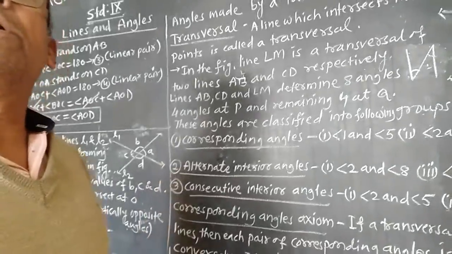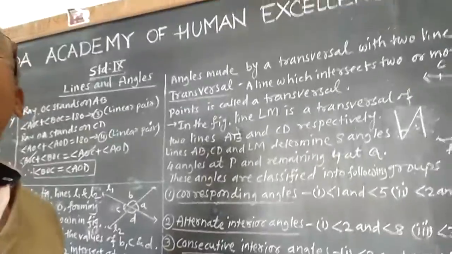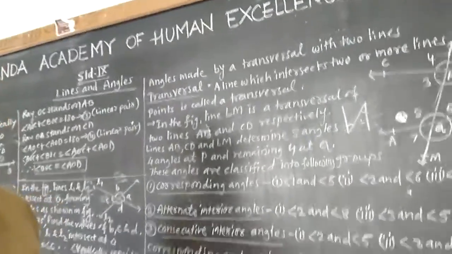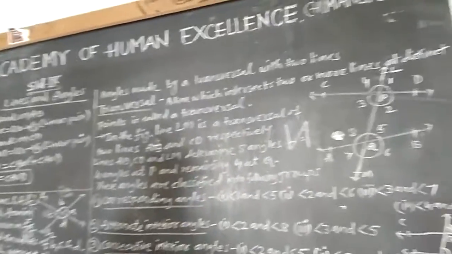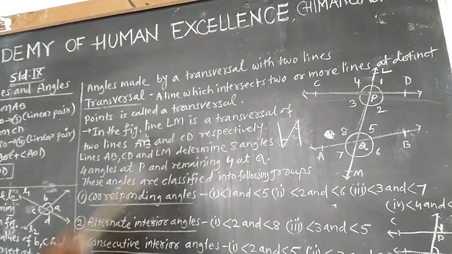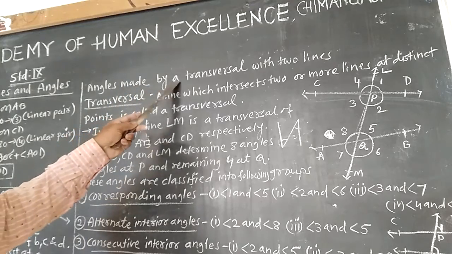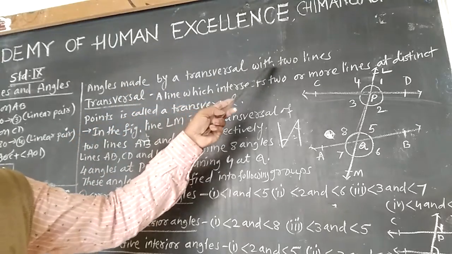Now we have to see the new concept here, that is angles made by a transversal with two lines.